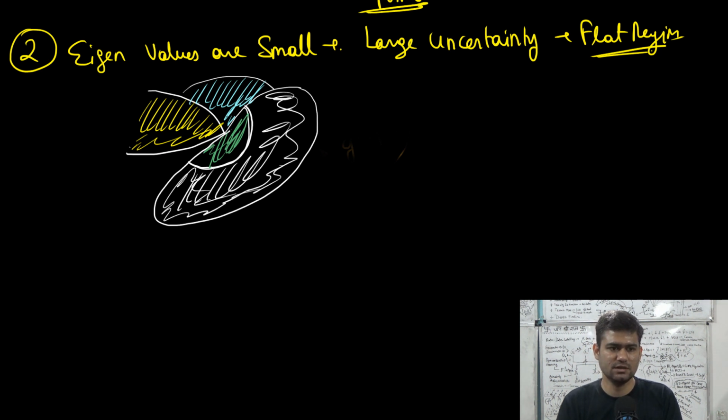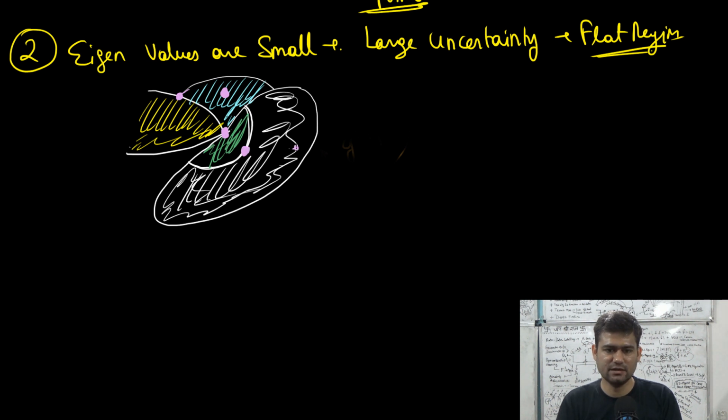Let's consider some candidate points. This is definitely our corner point, a junction of two different edges. This point is a flat region. This point is a corner. This point is an edge point.